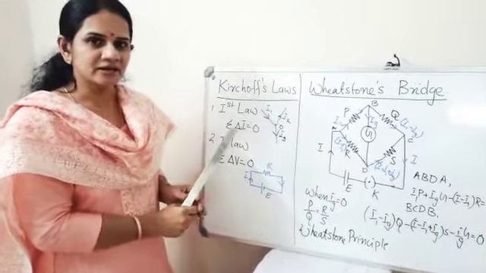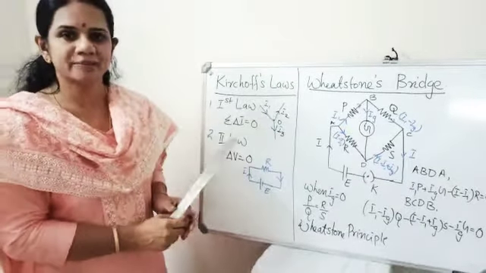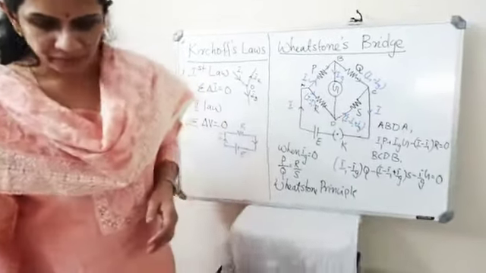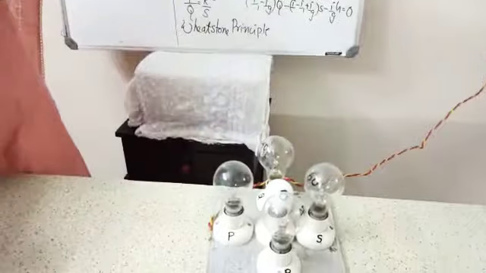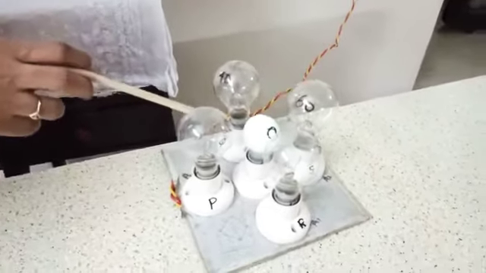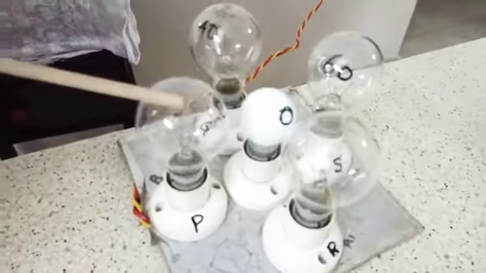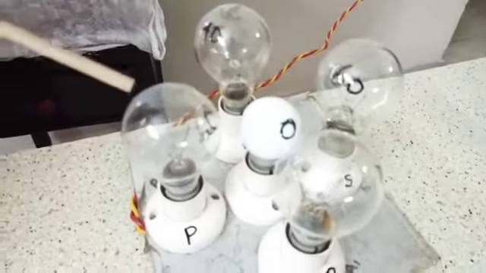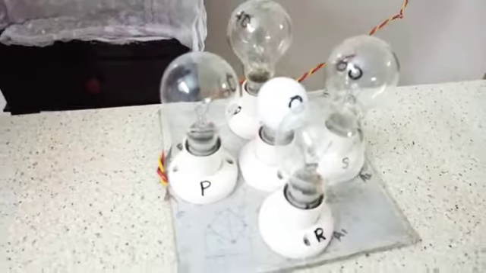Now let's see how this principle can be demonstrated. Instead of resistors, I have taken bulbs. So P and Q are represented by the bulbs 60 watt and 40 watt.